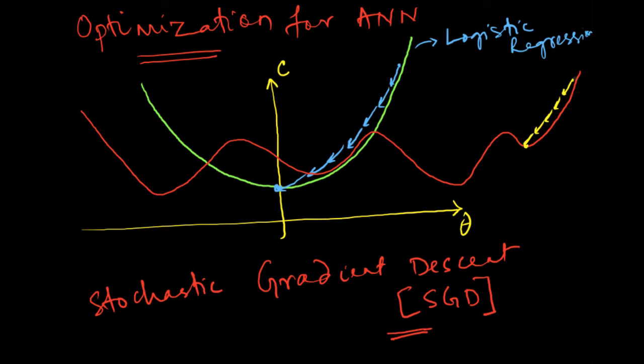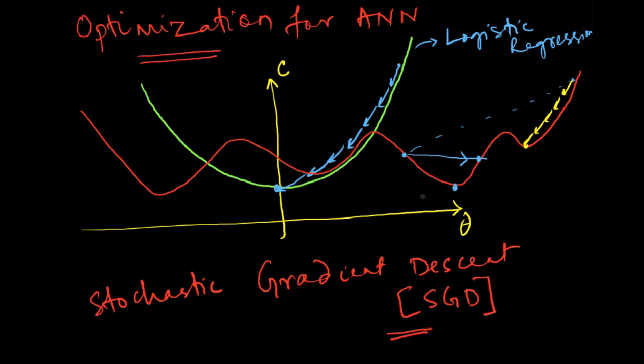So let's say even if you start from here, your jump could actually be from here to here. You could actually do a stochastic jump till this point, and then again you can do a stochastic jump till this point. And because of that, there is a possibility that you converge to the actual global minimum of your cost function.